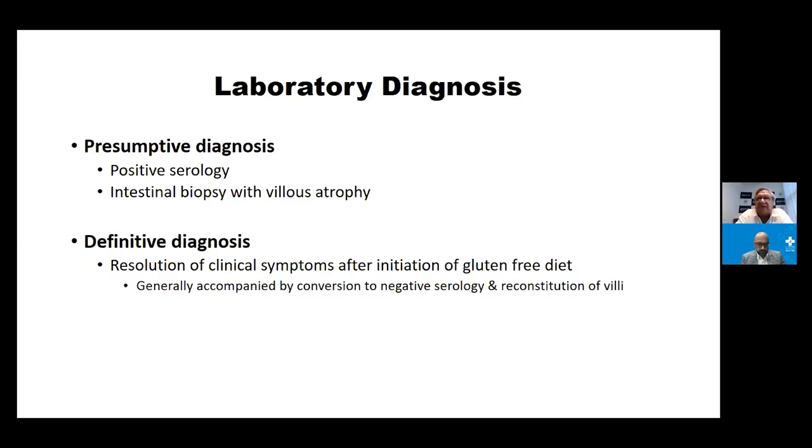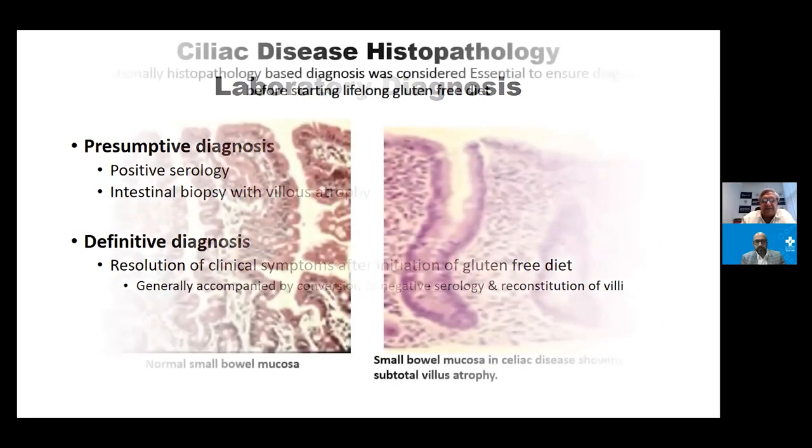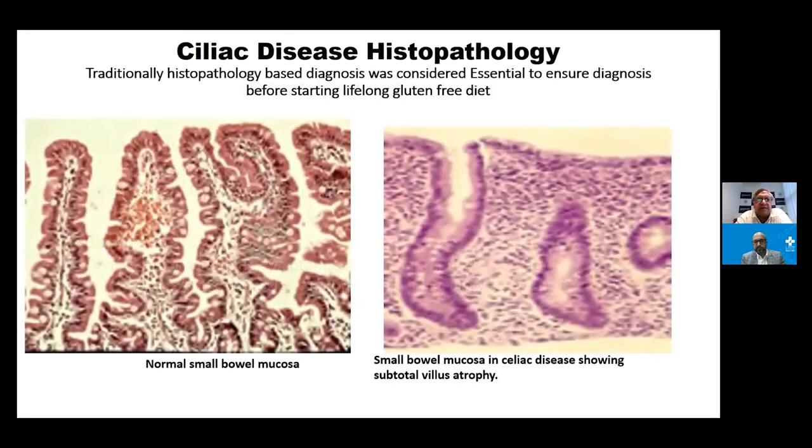Definitive diagnosis can also be made by resolution of clinical symptoms after initiation of a gluten-free diet, which is generally accompanied by conversion to negative serology and reconstitution of villi. This is a completely reversible condition. Traditionally, as I said, the small bowel has many villi, and celiac disease is characterized by atrophy of these villi.